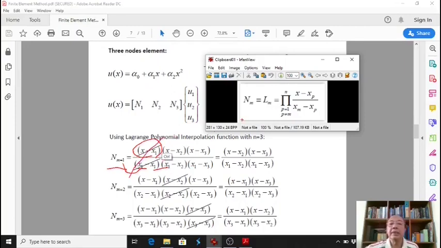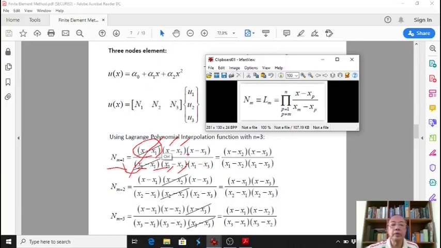Next we multiply by x minus x2, so the index increases to 2, so x minus x2 per xm, m refers to 1, so x1 minus x2.